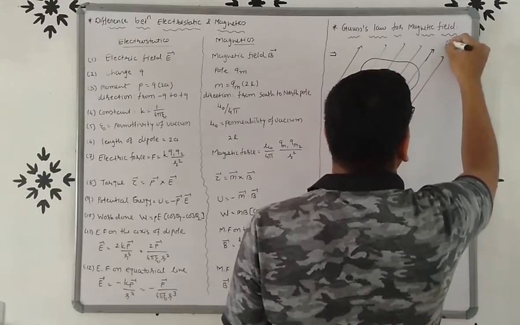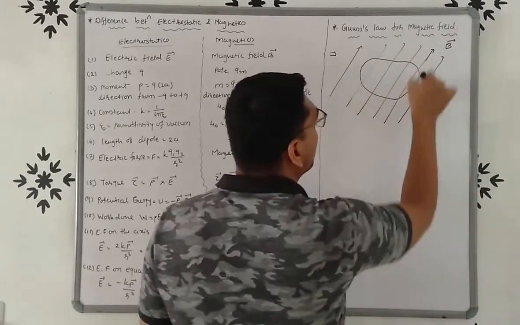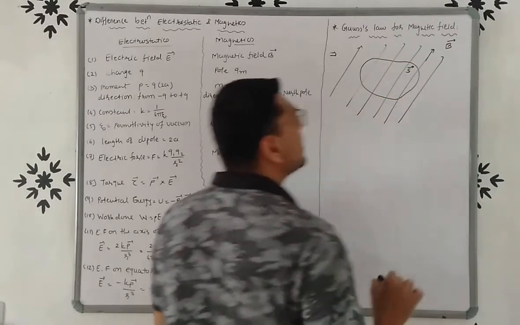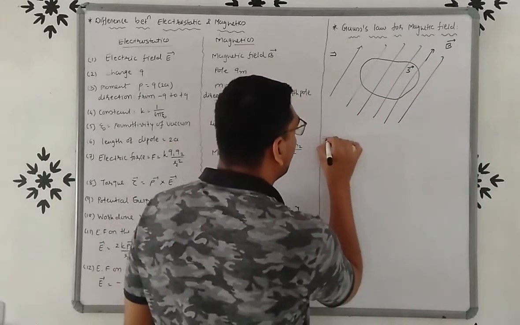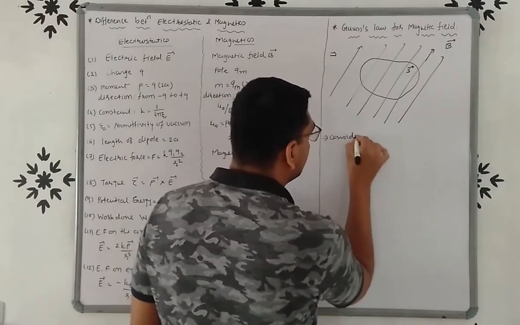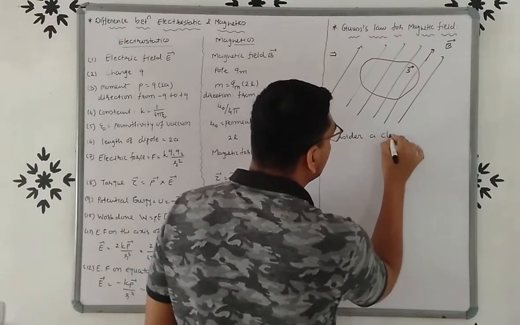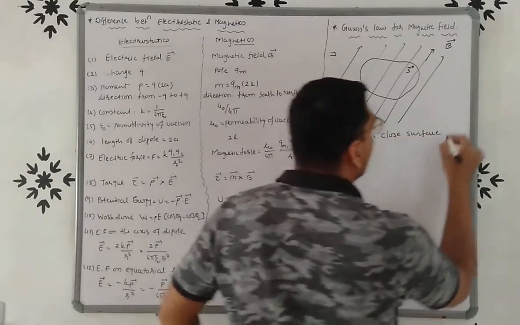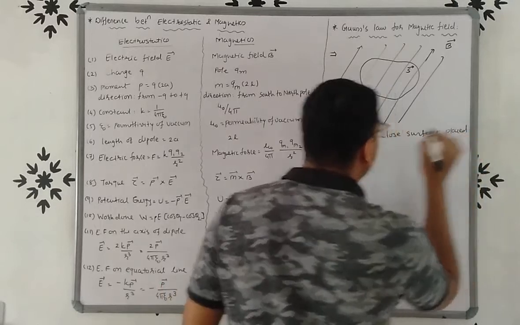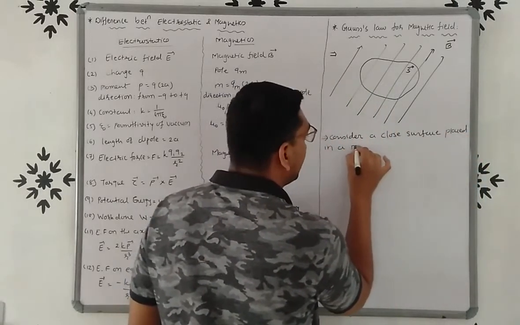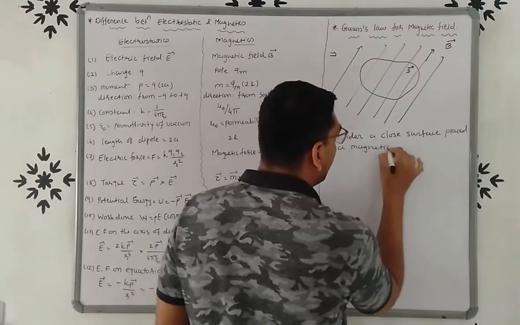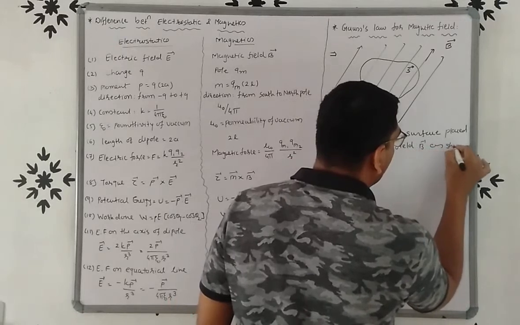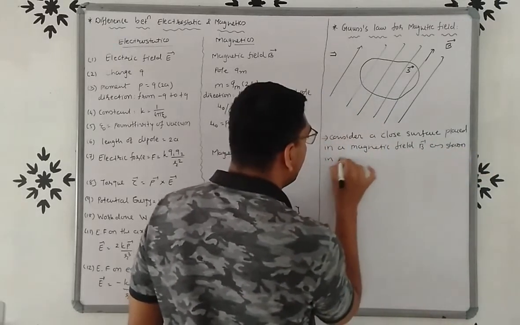So this is the magnetic field B. This is the closed surface having an area vector S, right? So consider a closed surface placed in a magnetic field B as shown in figure.